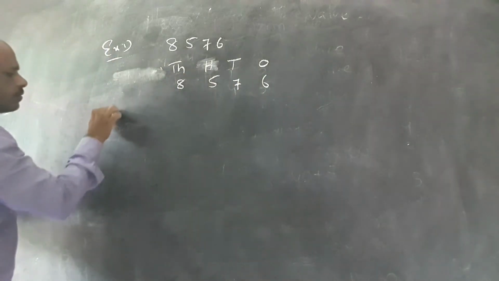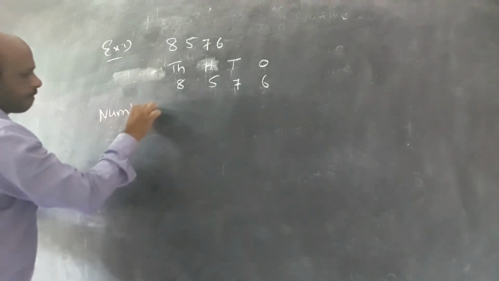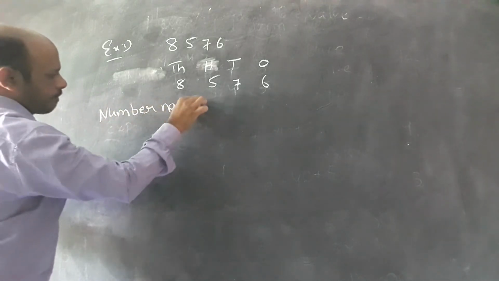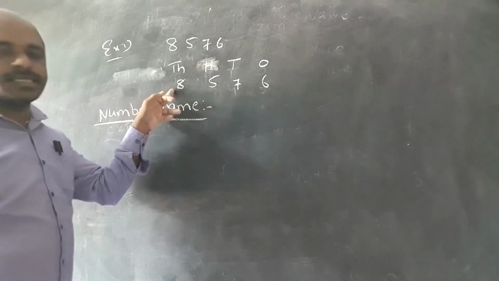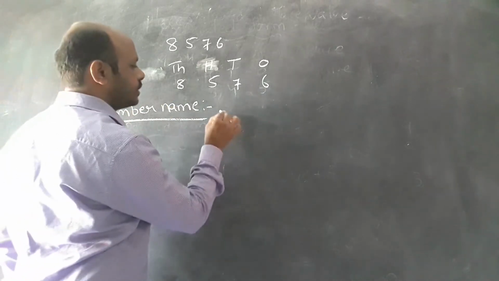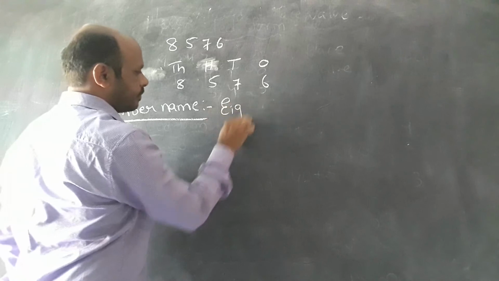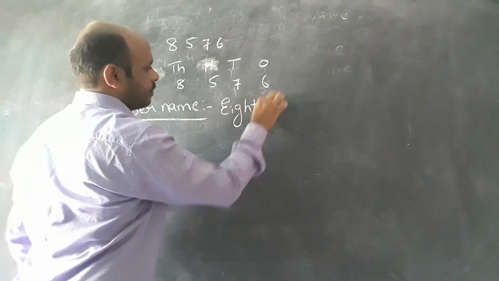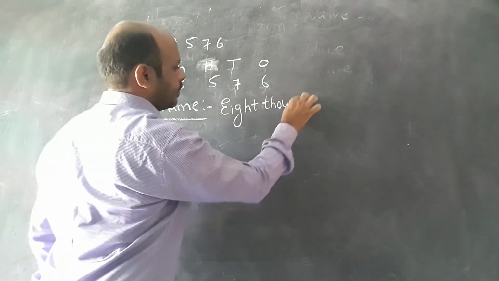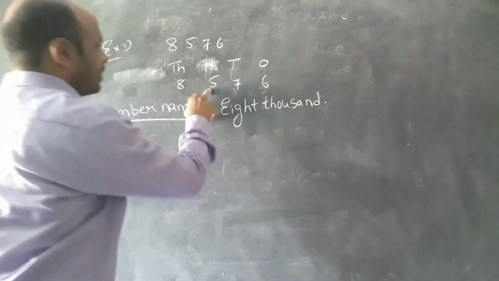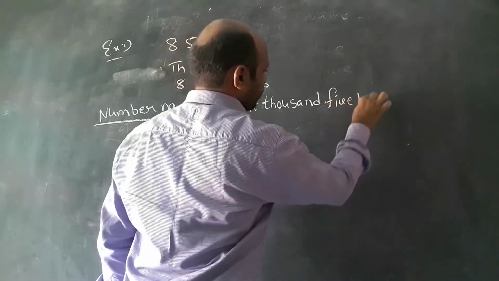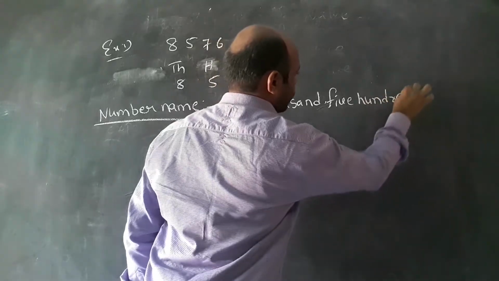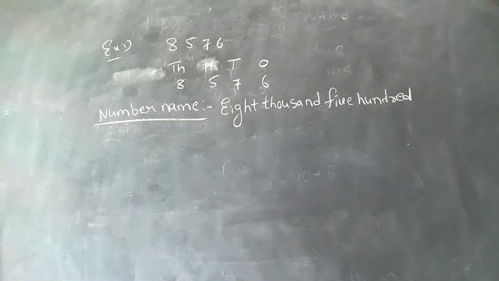Number name now. Which is the number name? 8 is the first number. The first one is having which place? 8, 8,000. Next one is 500. 8,500.